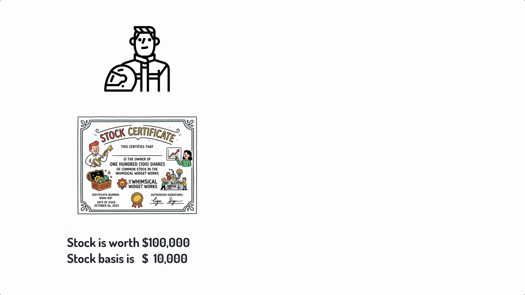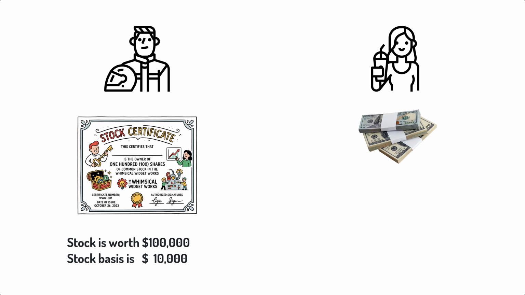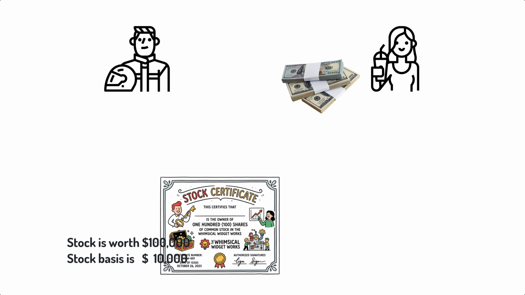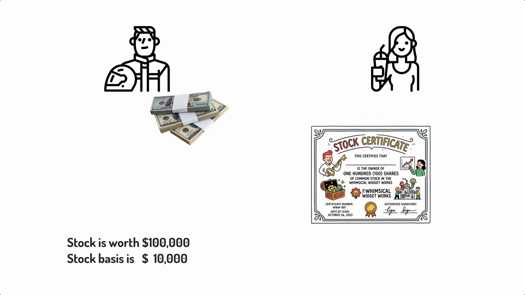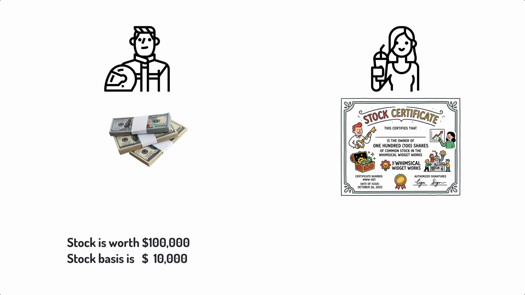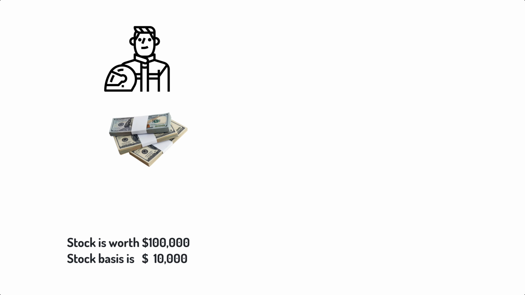Let's say that later down the road, the stock is still worth $100,000 and Joe wants to sell it. So he finds a buyer and he sells the stock to the buyer for $100,000. Now, Joe has another property transaction and he's got to calculate his realized gain or loss on this.